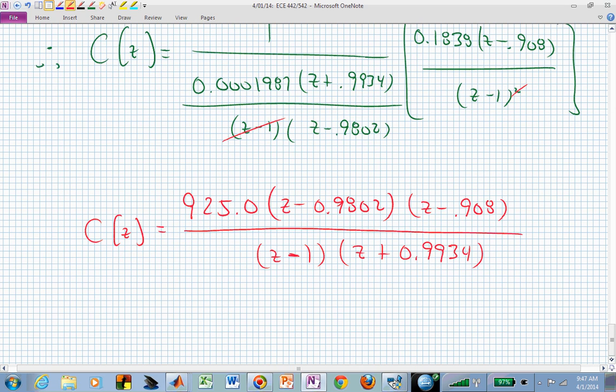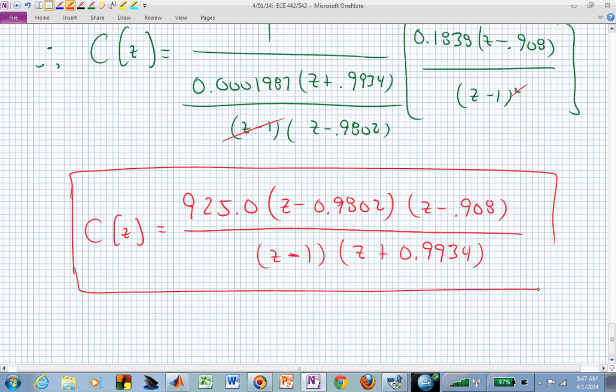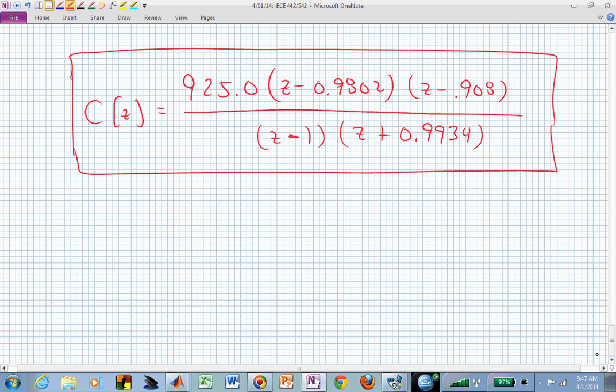That's now our controller in this design method by Ragazzini. Let's go ahead and go back to MATLAB and see if we can simulate these results.